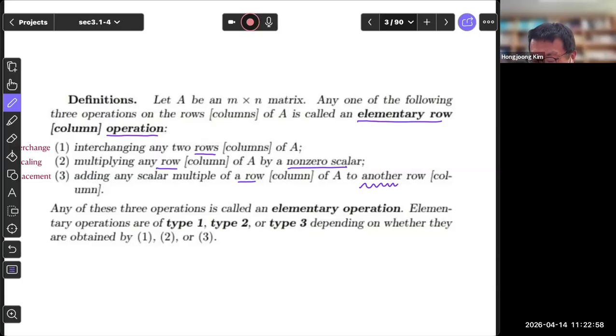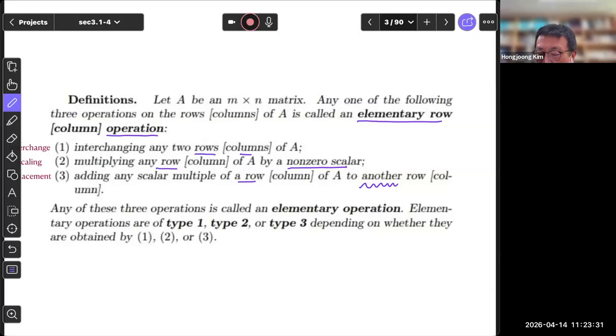Now, in the textbook, the definition allows similar operations on columns. So we can apply the similar operation to columns, meaning I can interchange two columns of A, or multiply some non-zero value to a certain column, or multiply some number to a certain column and then add it to another column.